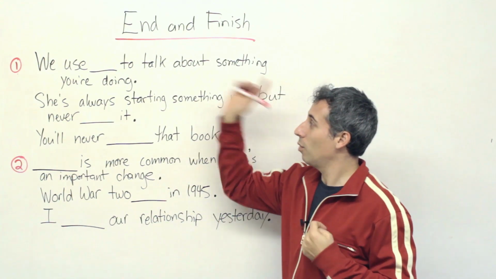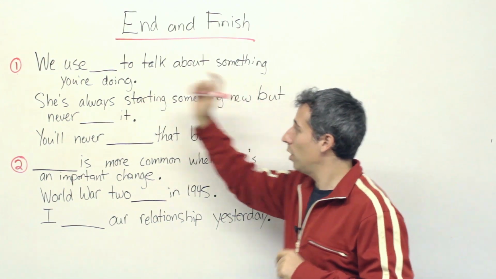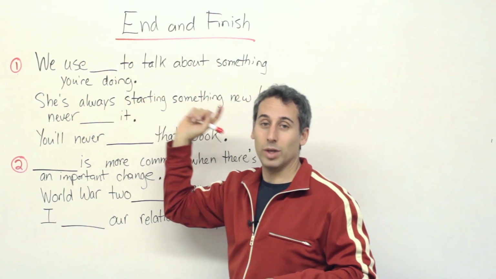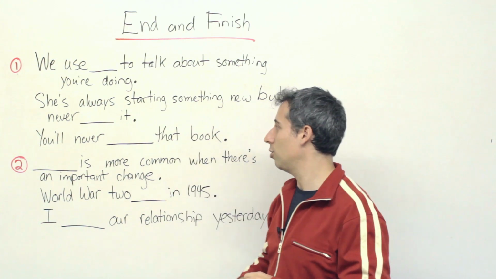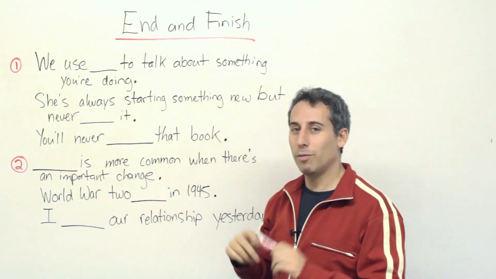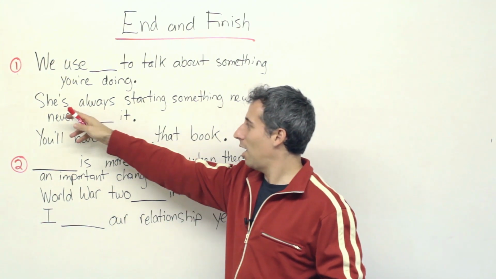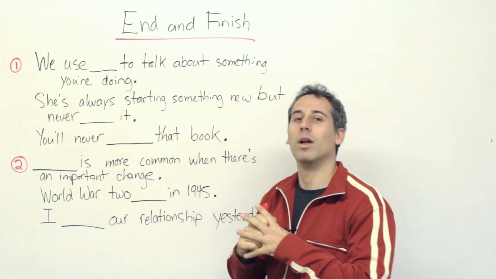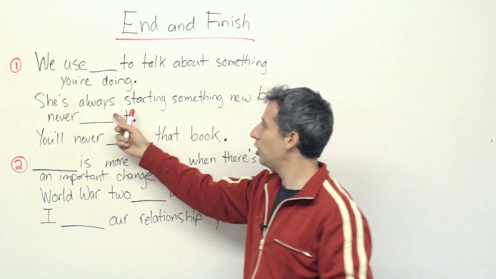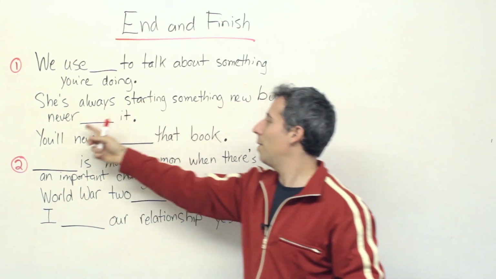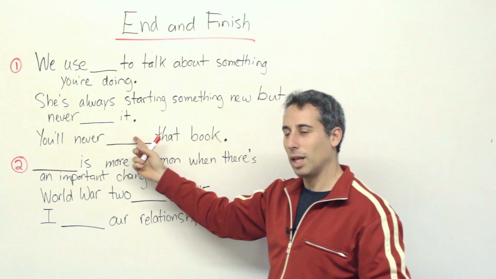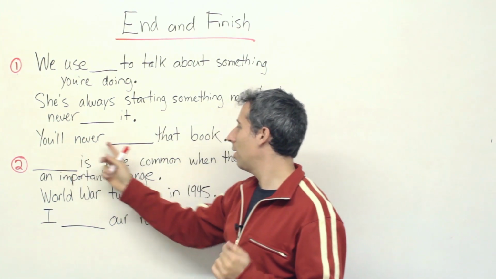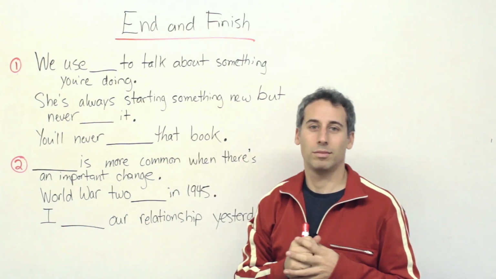Okay, so we have the first one. We use blank, either end or finish, to talk about something you're doing. Just before I continue, I'm going to read this, and I want you to think about which one you would put in. She's always starting something new, but never blank it. Or you'll never blank that book.